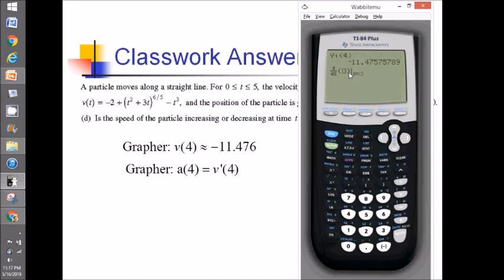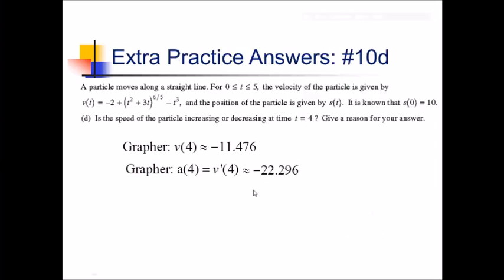In my input now, for my function, I'm going to go to alpha y1, and there's my velocity that I stored in y1. And I want this at time 4, so let's put 4 in there. Comes out to negative 22.296. Since the velocity and acceleration have the same sign, since they agree, that means then that our particle must be speeding up.